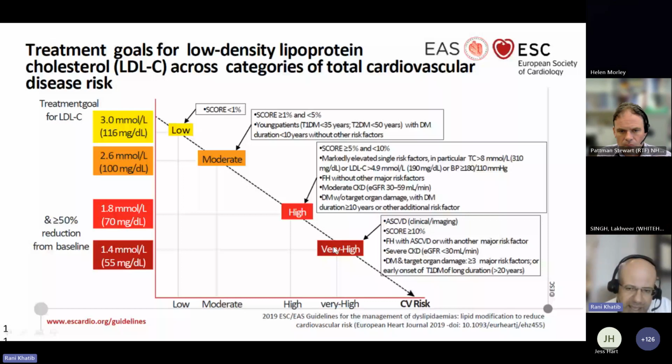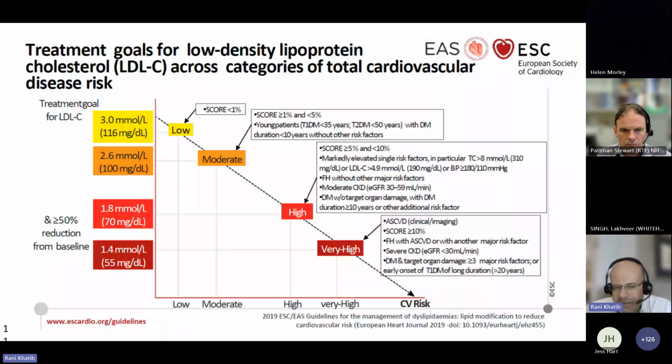What is important not to forget is that this is not just a target. If you look at the far left, you've got 50% or more reduction from baseline. So ESC is saying you need at least a 50% reduction of LDL cholesterol from baseline and to aim for an LDL cholesterol less than 1.8 or less than 1.4.